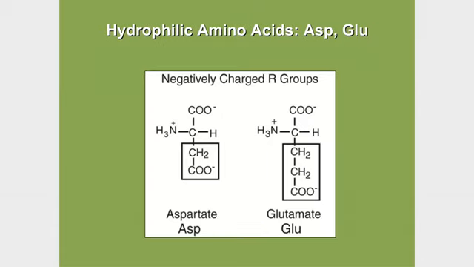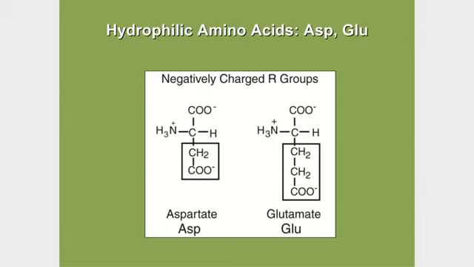The next group of amino acids that are hydrophilic are the two amino acids that are negatively charged, aspartic acid and glutamic acid. And at the lower left side is aspartate, on the right side is glutamate. Let me emphasize, by the way, the suffix, the -ate ending. The -ate ending is referring to the salt form of the acid.